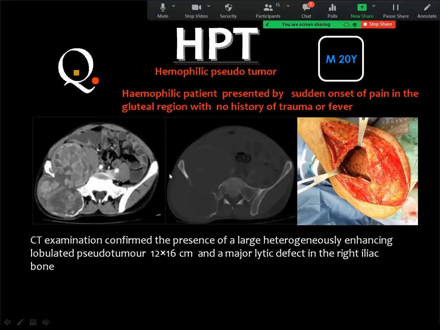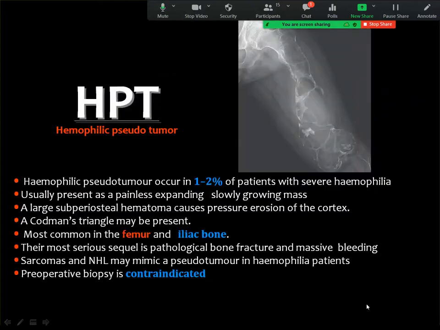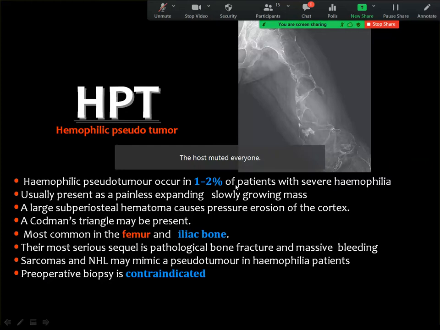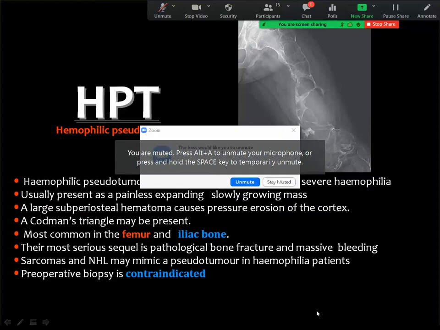And here you can see that there are some hyperdensities within the lesion, which is eroding the iliac bone. Hemophilic pseudotumors are classically most common in the femur as well as in the iliac bone.